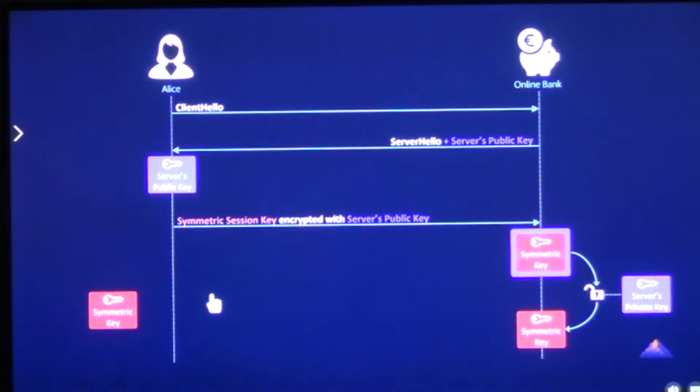Okay, बैंक के लिए बड़ा आसान है, क्योंकि anything which is encrypted by public key of the bank can be opened using its private key and it knows the symmetric key.